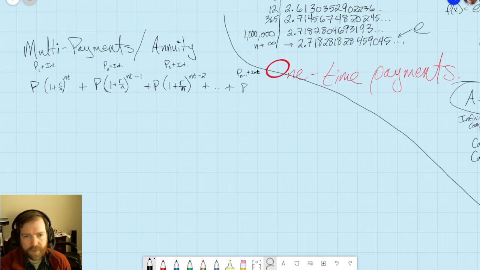So in this case, we get P times 1 plus r over n raised to the nt minus, in this case, we had always subtracted 1 less than the value down there, so this was going to be nt minus (n minus 2).